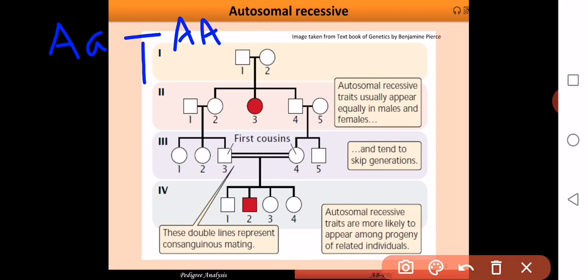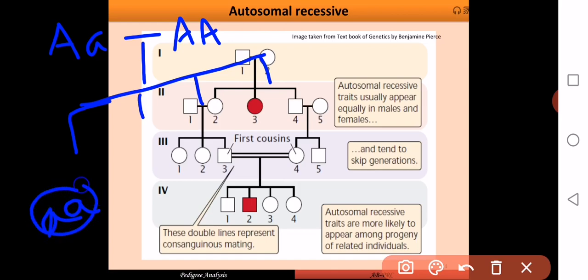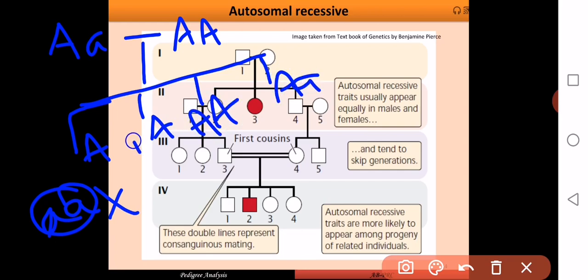In that situation, there is no probability of having affected children, right? It is not possible. There will never be a small a condition. All the individuals will have at least one capital A, and it could be either capital A or small a. Okay, so here there is no possibility for affected children, but it is possible to have carrier individuals.